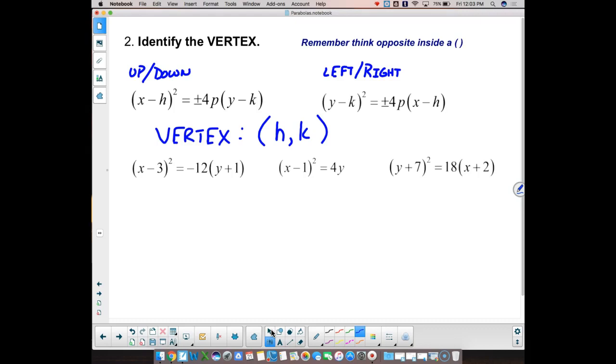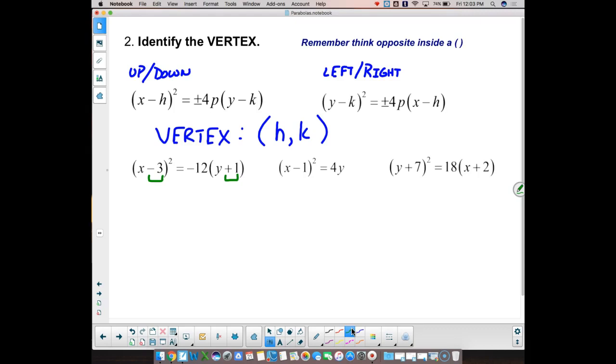So in this first one here, I would look at, here is my number, and here is my number. Whatever's being added or subtracted to the x or the y term. I look to make sure it's in the proper form, meaning I've factored out that coefficient on the non-squared term.